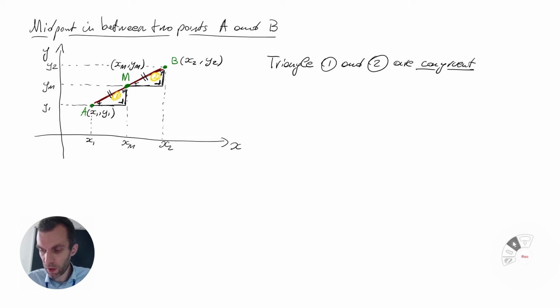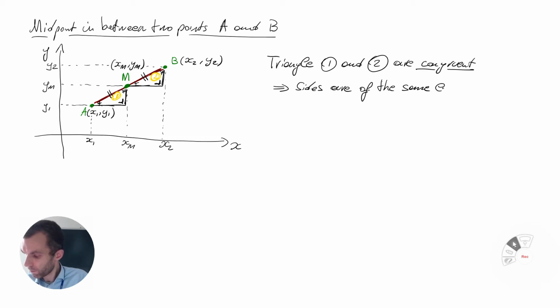It's quite small, but basically the angles are the same, and they share one side. And so from that we get something very nice, which is that the sides of the triangles are of the same length. In particular, this side has the same length as this side, and this side has the same length as this side.